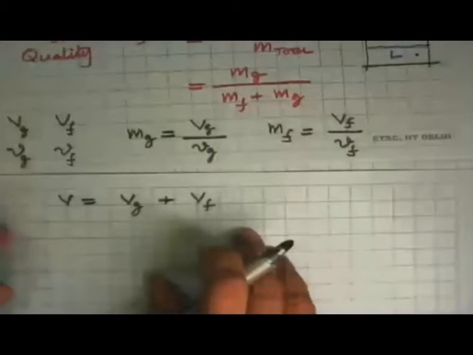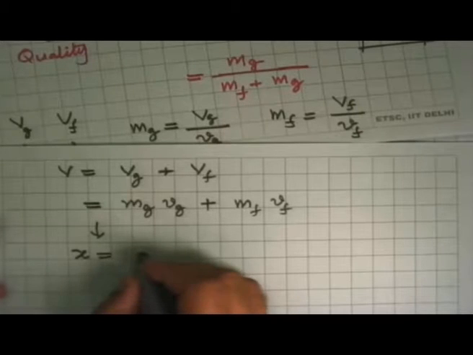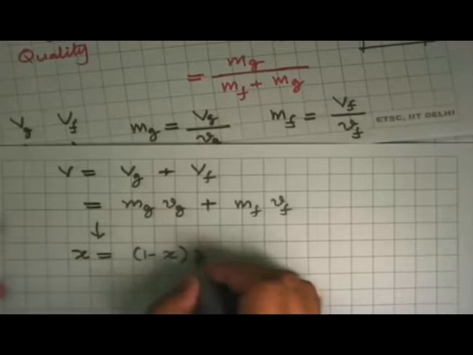So if we exploit the fact that V is equal to Vg plus Vf, and then substitute, we can get that the total volume is mg vg plus mf vf. By the definition of X, which is mg upon mf plus mg, we put that in, do a little bit of simplification, and what we get is that v is equal to (1 minus X) times vf plus X times vg.